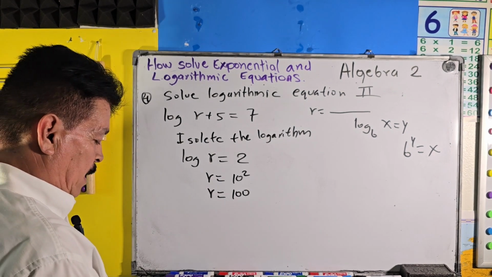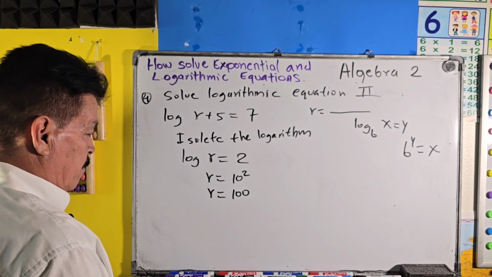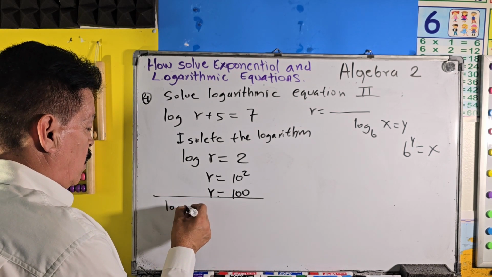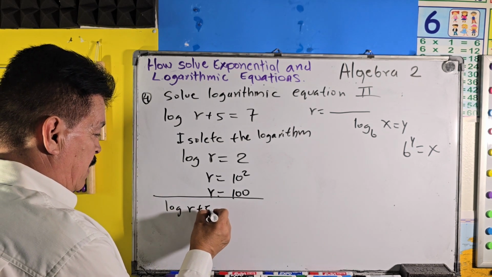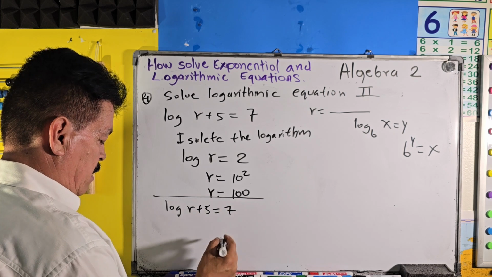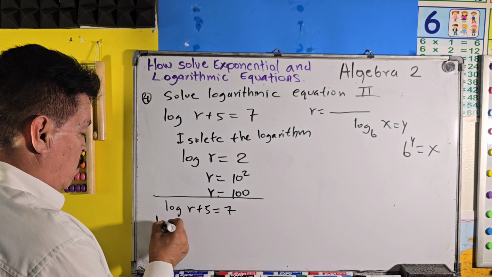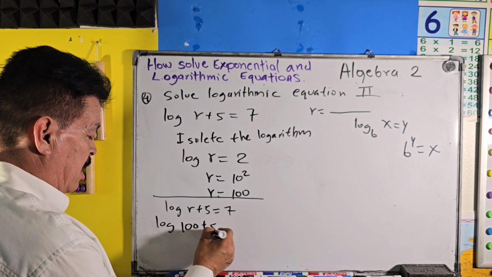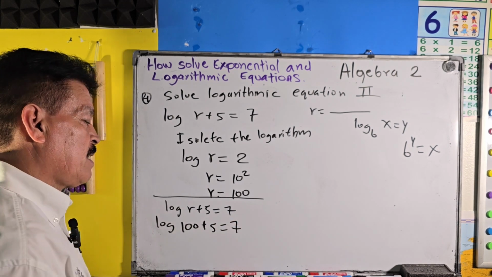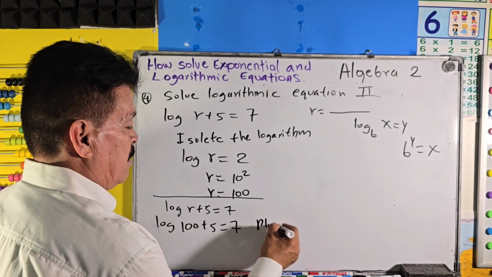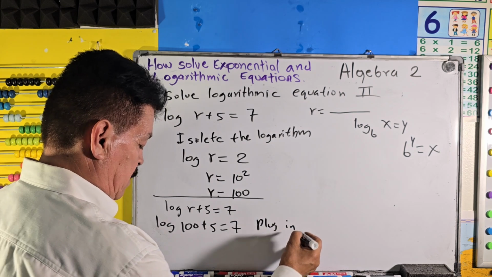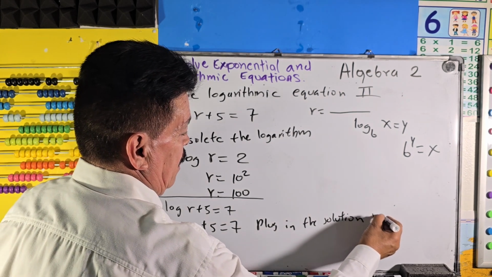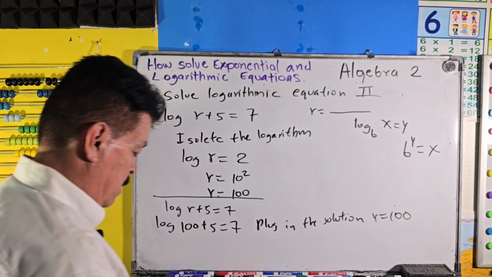See? So once you know log r plus 5 equals 7, it means the logarithm of 100 plus 5 equals 7. So plug it in the solution. r equals 100.